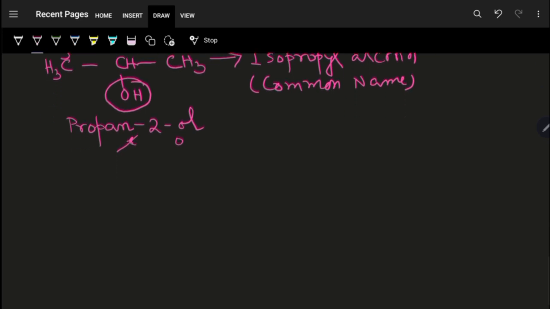Next, the next example is where there are 4 carbon atoms. If there are 4 carbon atoms, then you have one possibility: CH3, CH2, CH2 and CH2OH. This is 4 carbon atoms, straight chain, n-butyl system, and the IUPAC name is butanol or butan-1-ol.